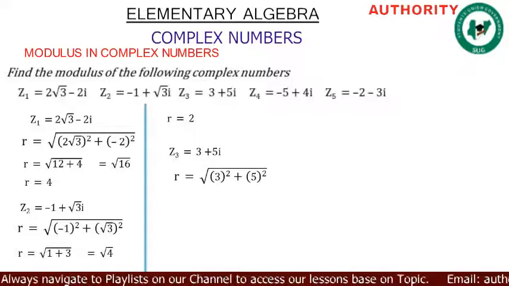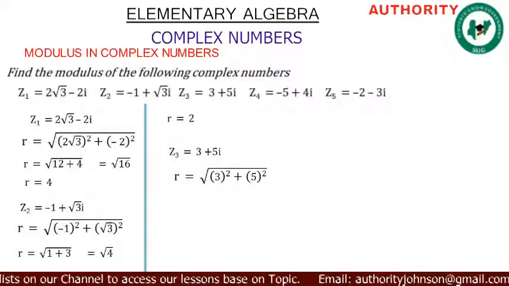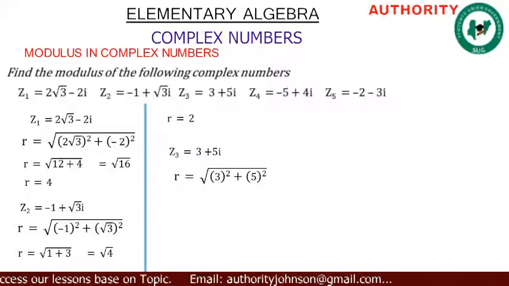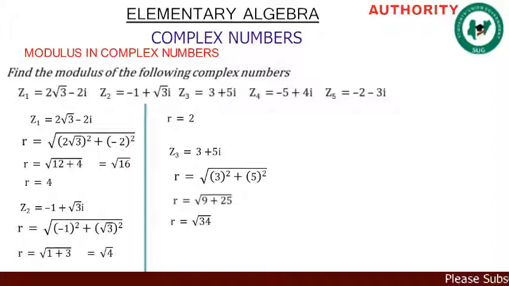So we have the square root of 3 squared plus 5 squared. 3 squared is equal to 9, and 5 squared is equal to 25. So we have the square root of 9 plus 25, which is the square root of 34. Therefore, the r of z3 is equal to the square root of 34.